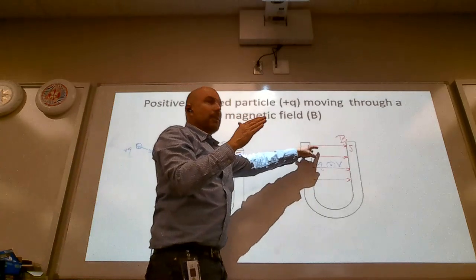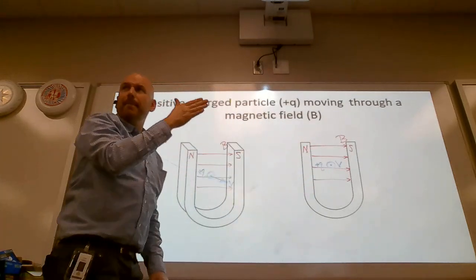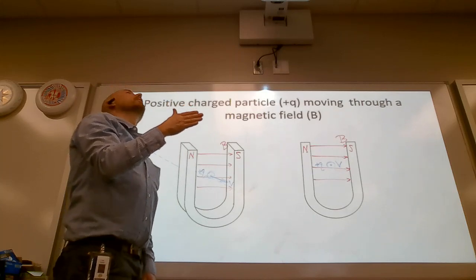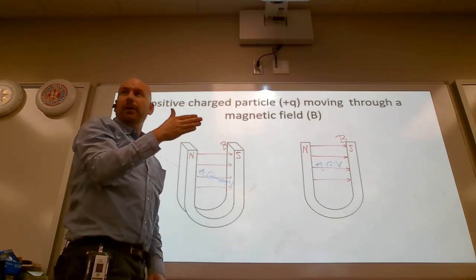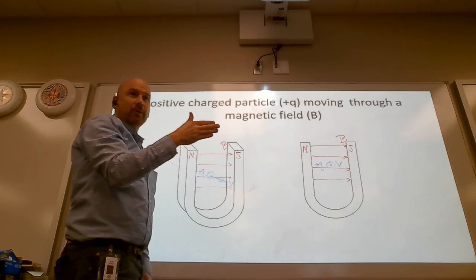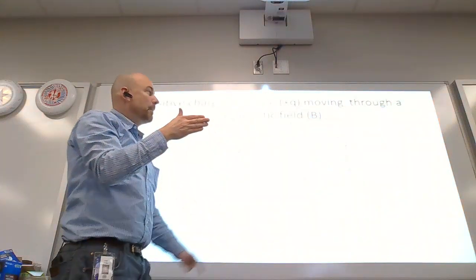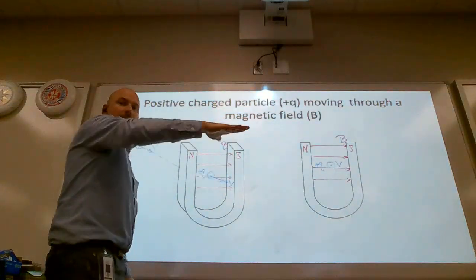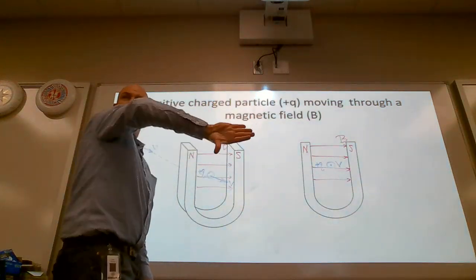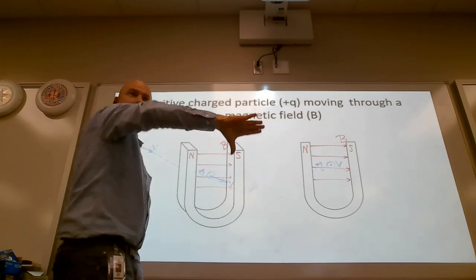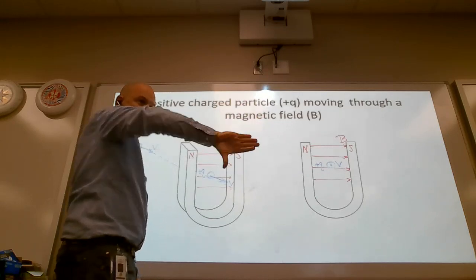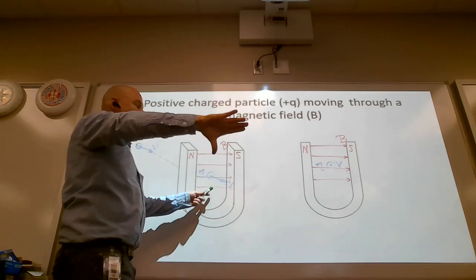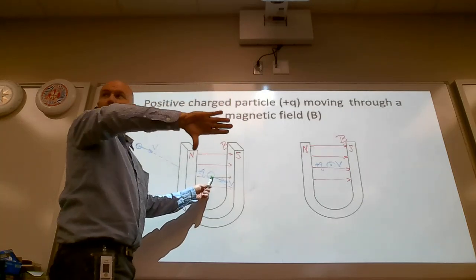Once you pick something, lock it in and commit to it. In the vocabulary of Project Lead the Way, you're going to constrain it. So your fingers are going to the right, and now all you can do is pivot your hand, because your fingers always point to the right in this example. Your thumb corresponds to what?